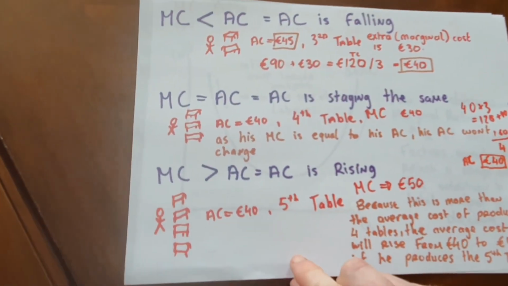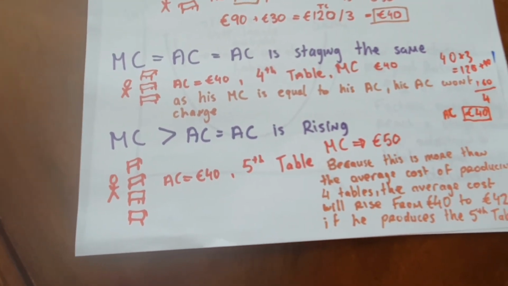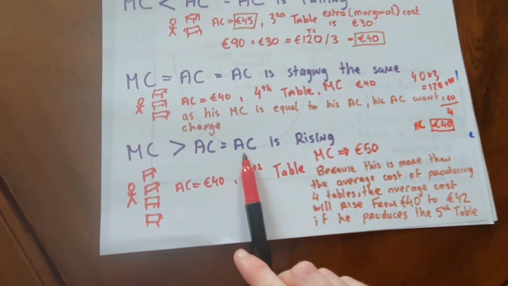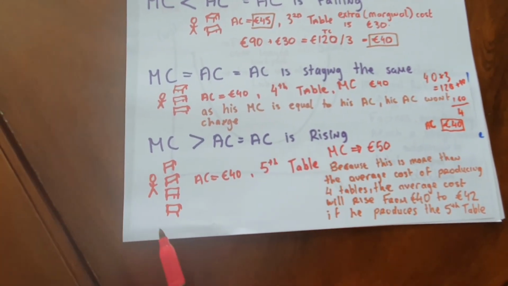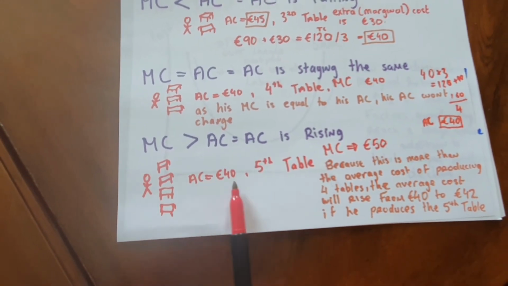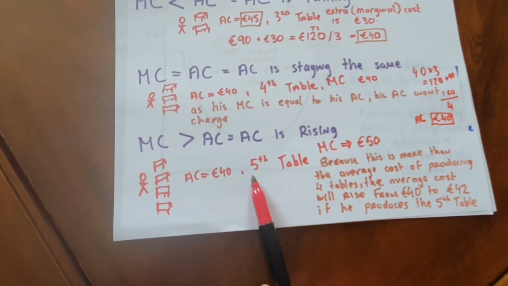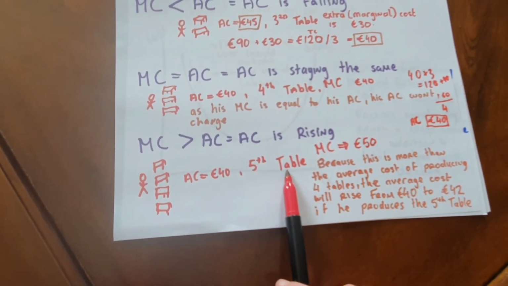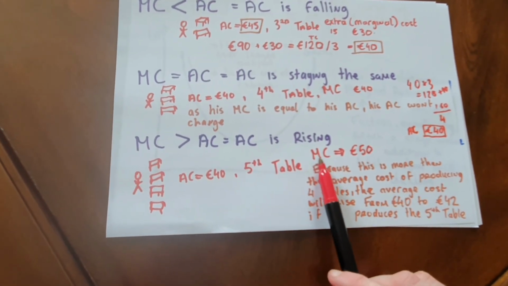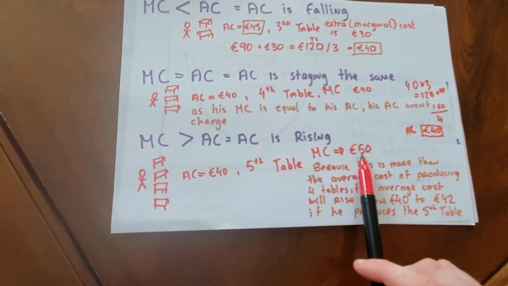And the last one here, the marginal cost is greater than average cost. If that's the case, that means that our average cost is rising. Now we have Tom producing 4 tables. His average cost is €40, which we worked out up here. He's thinking now of producing a 5th table. We're told his marginal cost of producing that 5th table is €50.